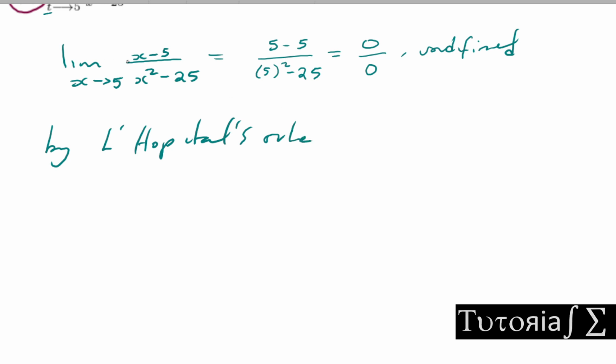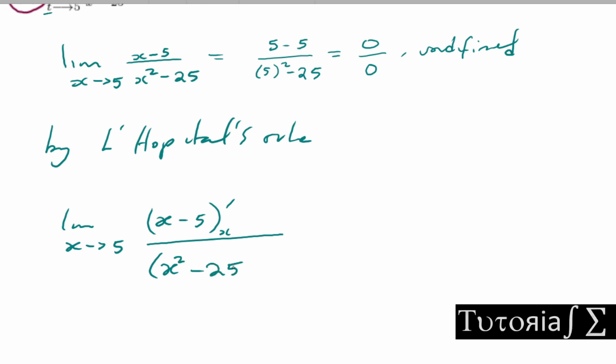we're just taking the limit as x approaches 5. On top, we have x minus 5. So we put in brackets, we put a prime there, showing that we're differentiating with respect to x. At the bottom, also, we say this is x squared minus 25 prime with respect to x.